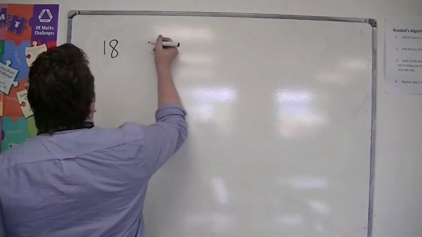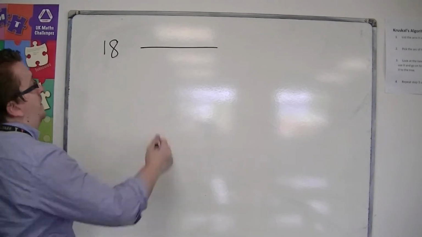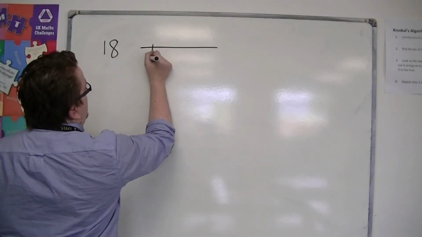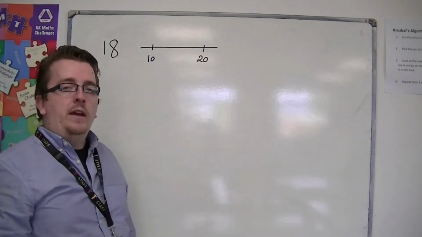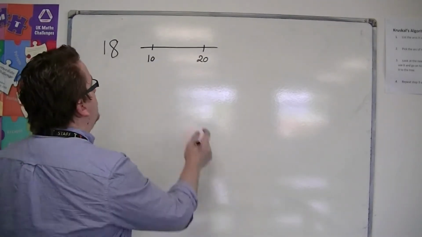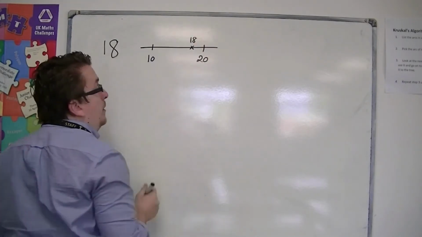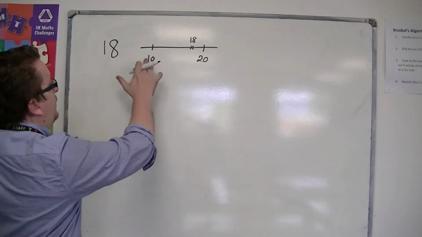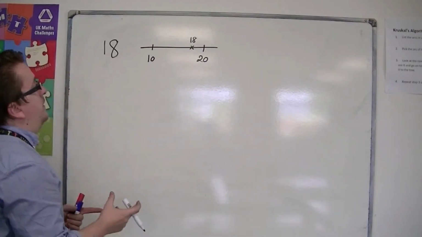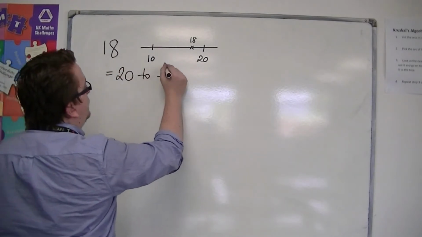Now 18, if you draw a number line, and in a lot of cases we're going to be drawing a number line, what we're saying, rounding to the nearest 10, is breaking the number line up into tens, and then identifying where 18 is on that number line, and then saying, well, which is it closest to? Is it closest to 10 or is it to 20? Okay, so 18 is closer to 20 to the nearest 10.